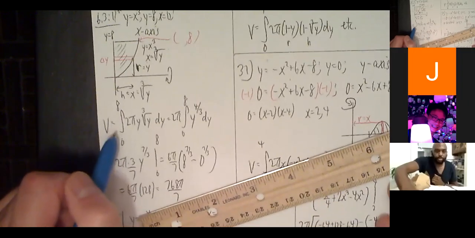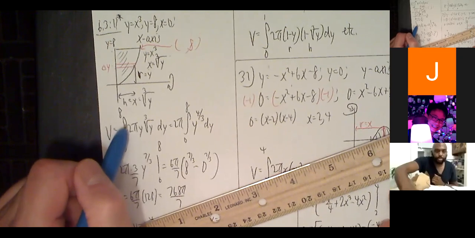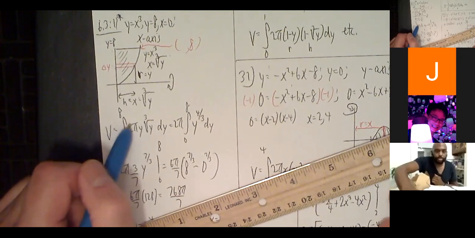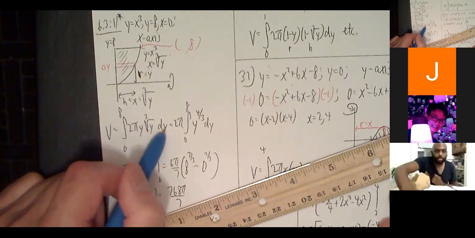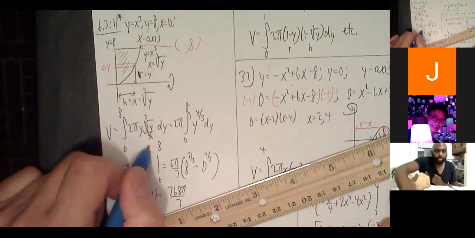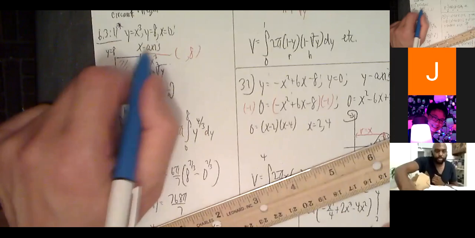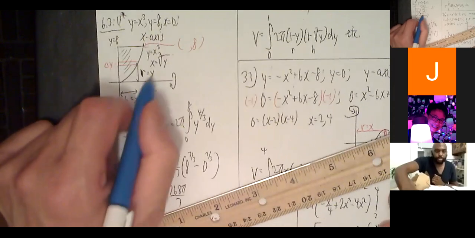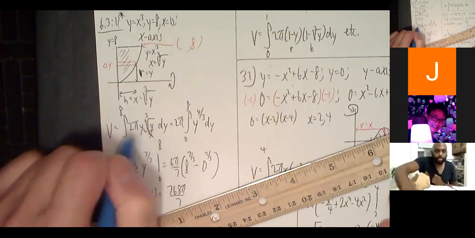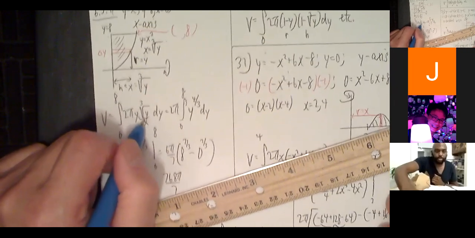So I'm going to go integral from 0 to 8 of 2 pi x y. 2 pi, I leave y alone because it's dy, and then this thing right here is like x. They didn't give it to me that way, but I had to change it. So 2 pi y times the cube root of y.